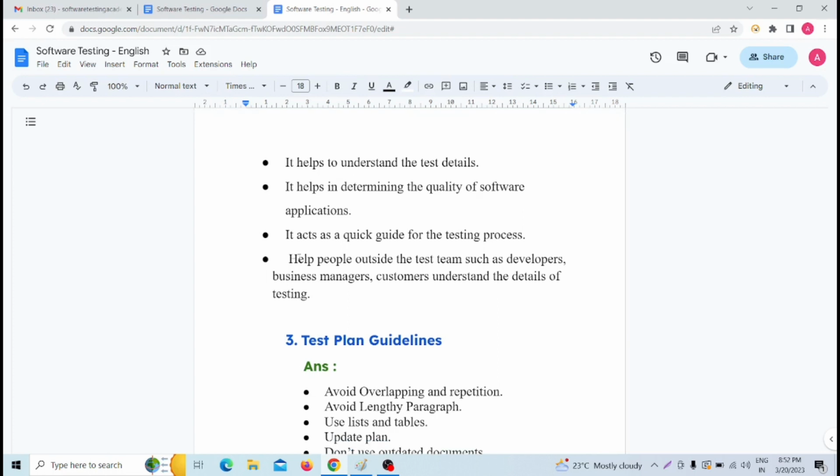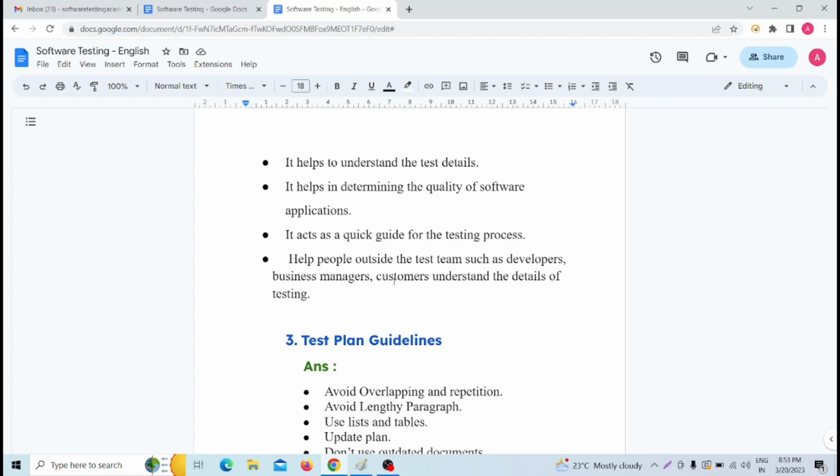Okay. And also the test plan helps people outside the test team, such as developer, business manager, customer, understand the details of the testing. As we are writing the test plan, or following the test plan, not only we are beneficial. If we follow the test plan as a tester, then obviously we can get a quality software product.